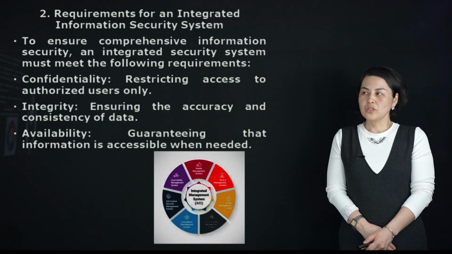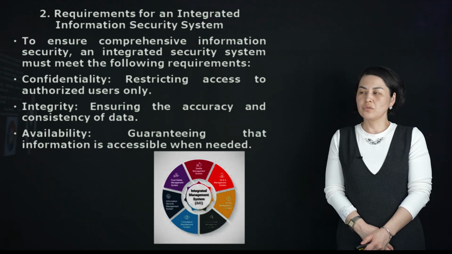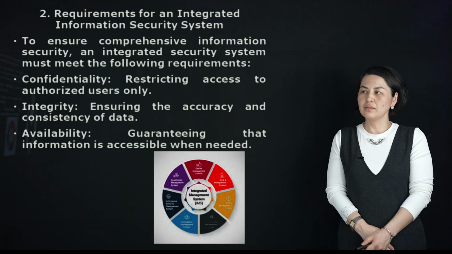The second question is about the requirements for an integrated information security system. So, what can we see about requirements for an integrated information security system? To ensure comprehensive information security, integrated security systems must meet the following requirements.